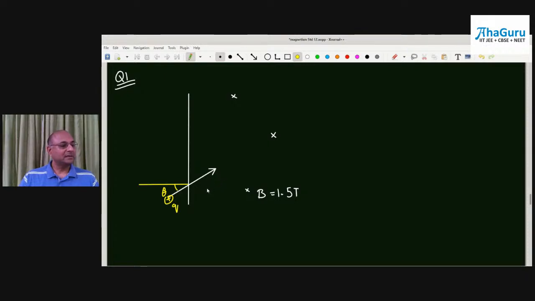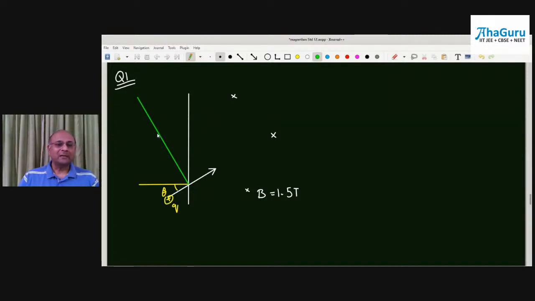The particle enters the region, and it's not mentioned that it is perpendicular, but it is in this plane. So it's going to just simply make a curve around like that. I should have mentioned that it is perpendicular. Okay, so let us first draw the perpendicular to the velocity. So this is the perpendicular to the velocity. And somewhere here is the center around which this whole curve is going to happen, right?